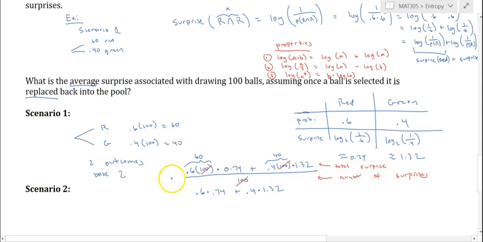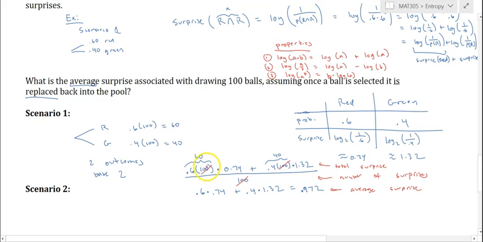So what we get when we calculate this is an average surprise of about 0.972. And this is our average surprise. So the 100 didn't really matter at all. It doesn't matter whether you draw 100 balls or 1,000 balls, your average surprise will be 0.972.